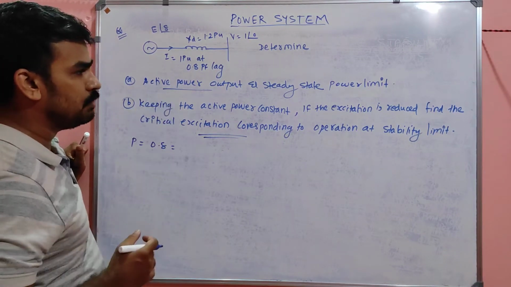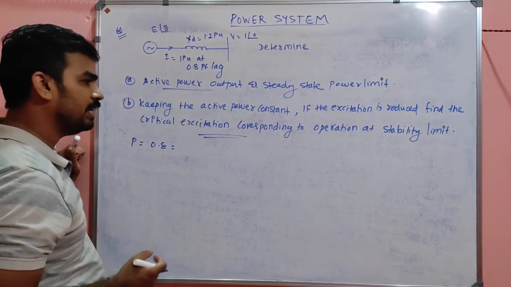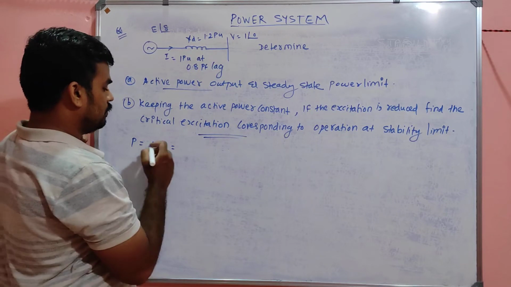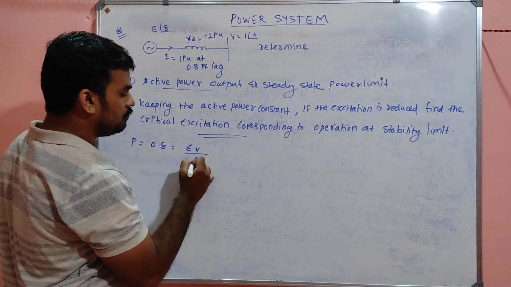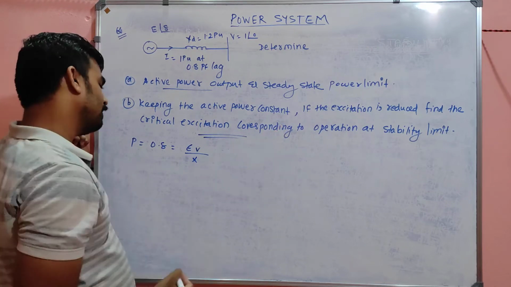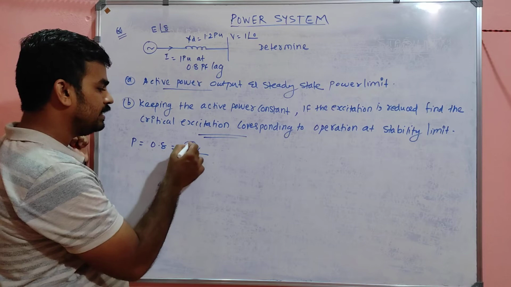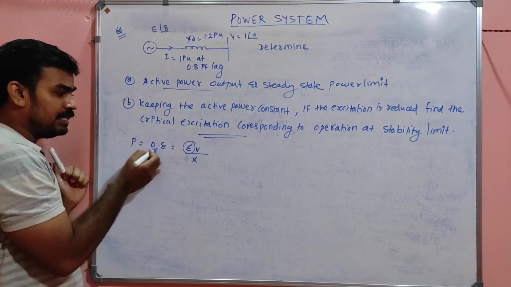If the excitation you reduce it, find the critical excitation corresponding to operation at a stability limit again. So we have P is equal to EV divided by X. At stability limit, sine 90 will be equal to 1. Simple. So X is there, V is already there. We have to find E for P is equal to 0.8.